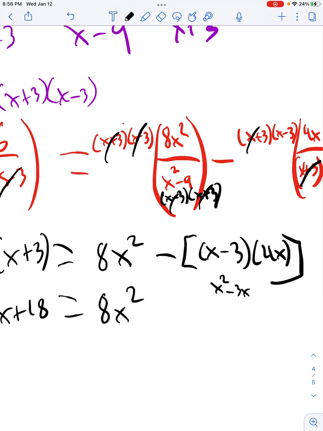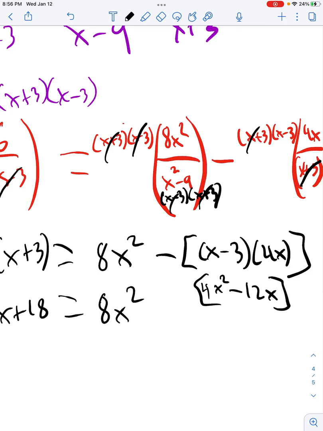If we multiply this, we get x squared plus 4x minus 3x, or let's see here, x times 4x is 4x squared, sorry.